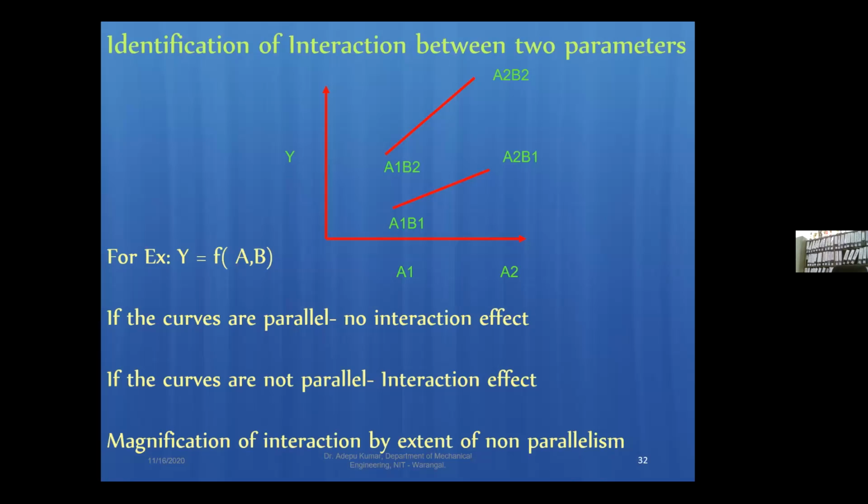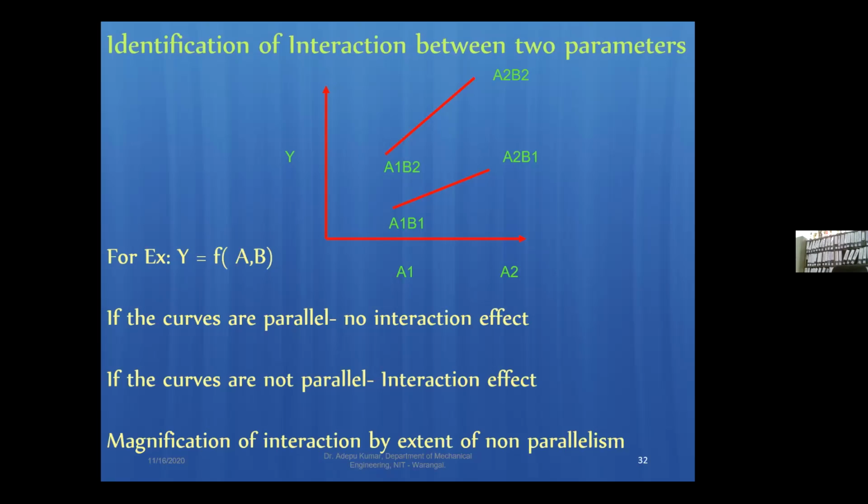Suppose, for example, without prior knowledge, I directly select L9. Once you have the L9 orthogonal array, you can blindly conduct experiments, get the results, and analyze.